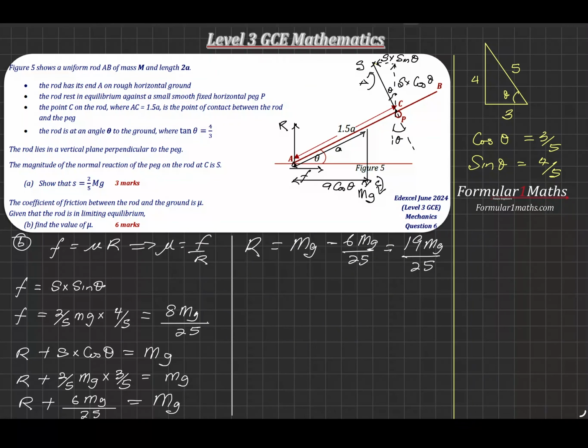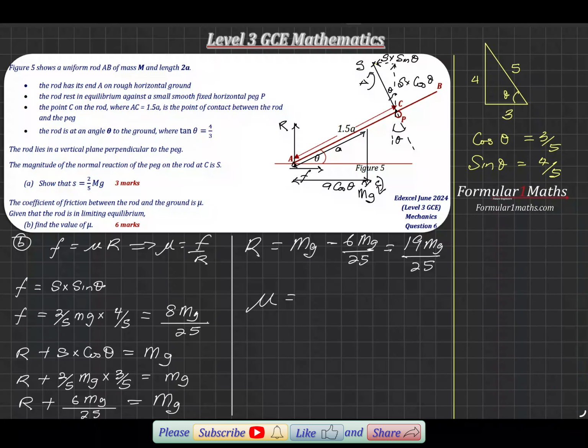And so if I do that now, mu will be equal to the F, which is 8 mg over 25, all of that over the R, which is 19 mg over 25. Now, if I reduce this fraction here, the 25 goes with the 25 over there, and the mg goes with that.